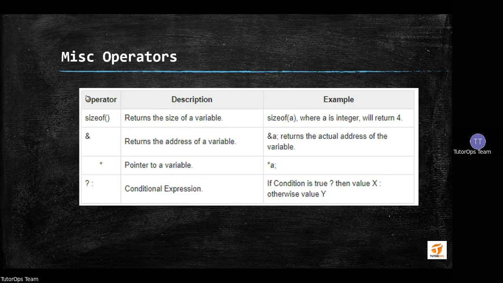And if it is false, then we put the false value after the colon, which is the next part, otherwise value y. So this is a conditional expression. It's some kind of if else. You can use this operator when you want to reduce your code and remove the if else condition from your code, putting the same logic there with the question mark colon operator instead of if else.